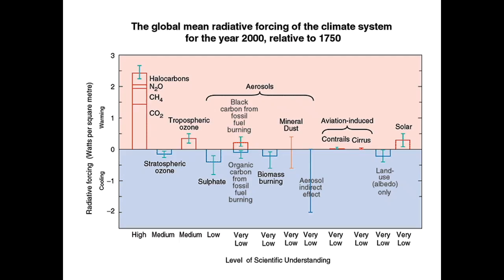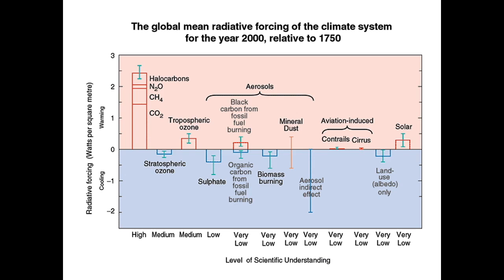The global mean radiative forcing of the climate system has been studied since a very long time, and particularly after the industrial revolution, because they are contributing more towards the climate change. The radiative forcing effects of greenhouse gases are particularly well understood because we know to a very accurate level the net amount of these greenhouse gases like carbon dioxide, methane, N2O, etc. in the atmosphere.